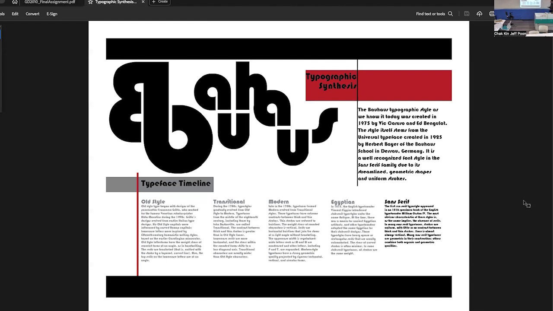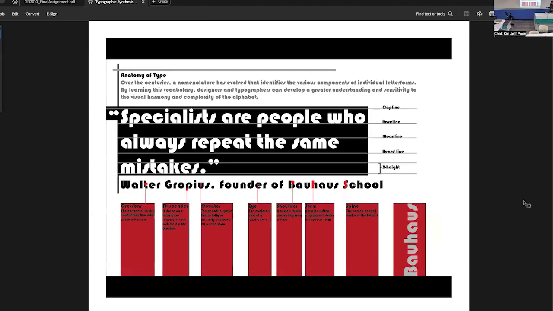Bauhaus belongs to what classification? It already gives you an answer. This is in gray, and this one is in black, which means it has indications to tell you what this belongs to. Sans serif, right? Bauhaus belongs to sans serif. And then this is the anatomy of type. See how this looks.